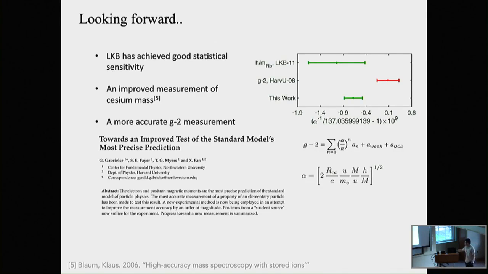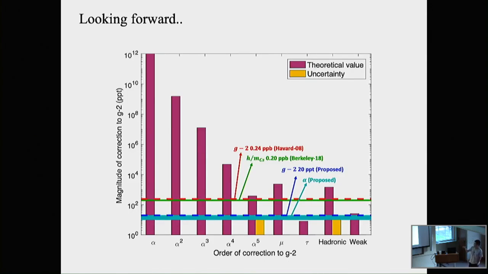With all these efforts, this is what we are looking forward to. Here is the g-2 factored into different contributions, like different orders of QED contribution, muon contribution, tau contribution, and strong and weak interaction contributions. Here is where we are right now. That's the g-2 measurement, and that's our measurement.